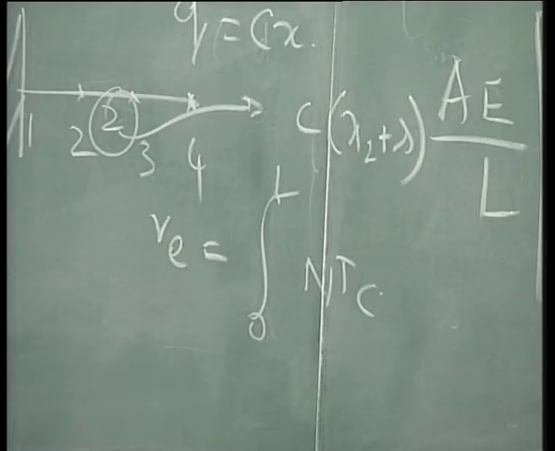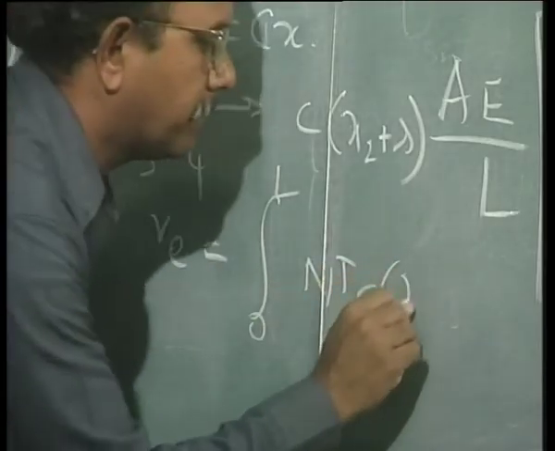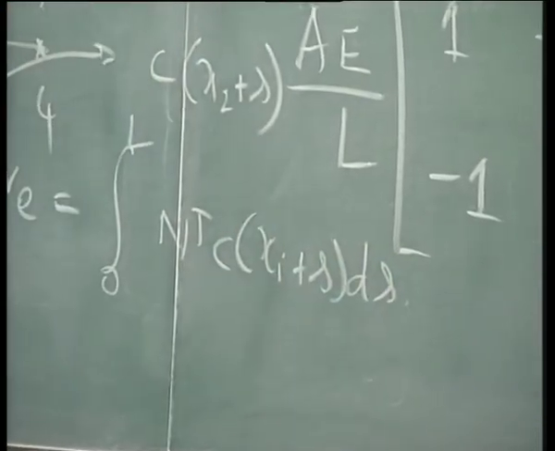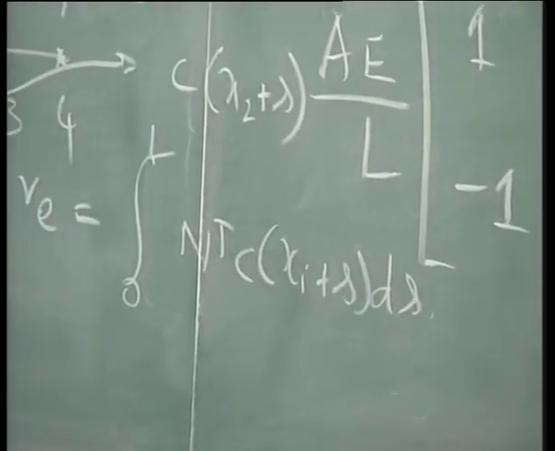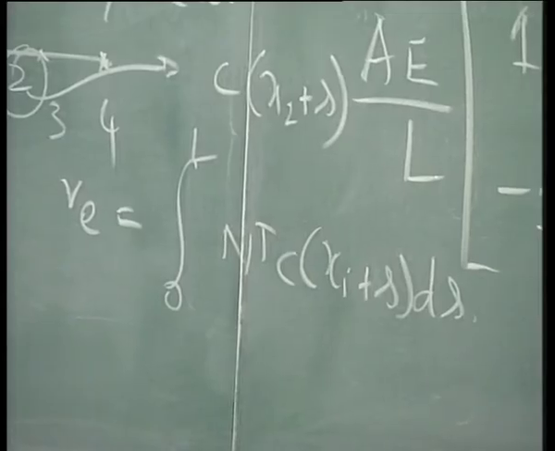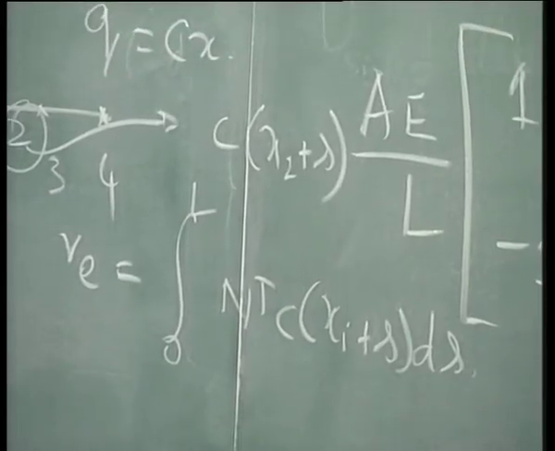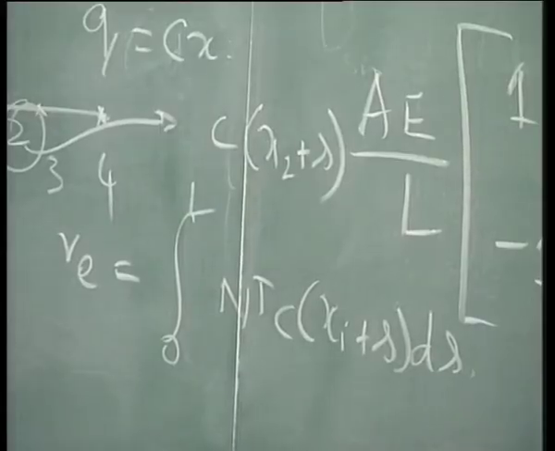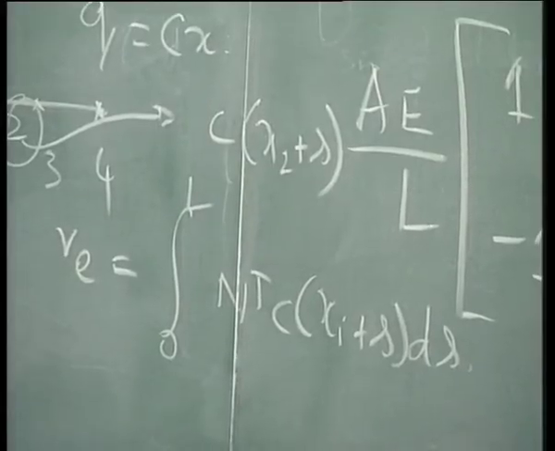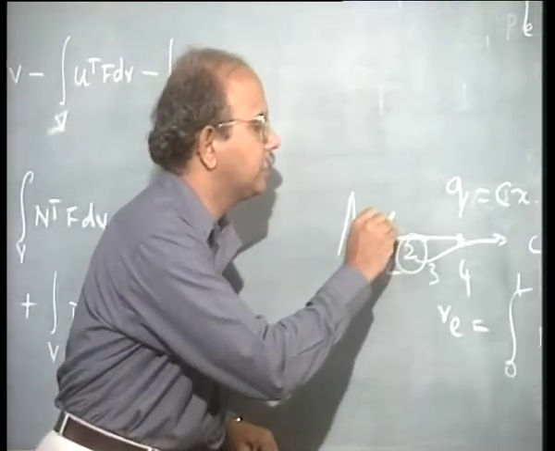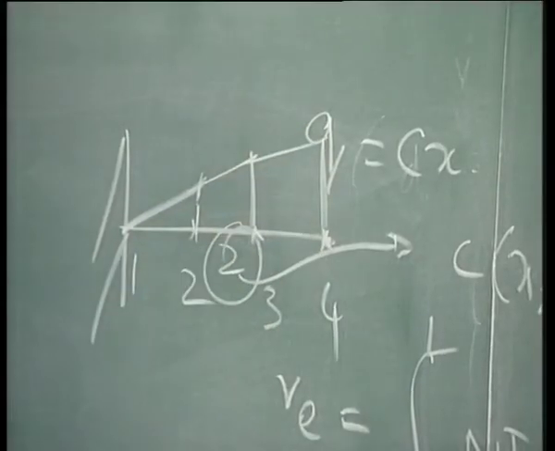C into xi plus s. Yeah, right, fine. That also you can do. What you should remember is that this term starts from 0. If I plot it the other way, it starts from 0, goes to this place, then goes like this.